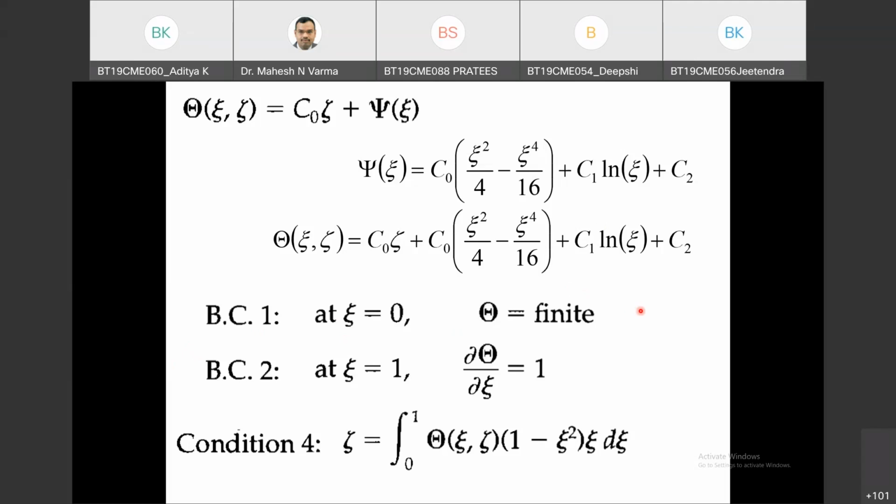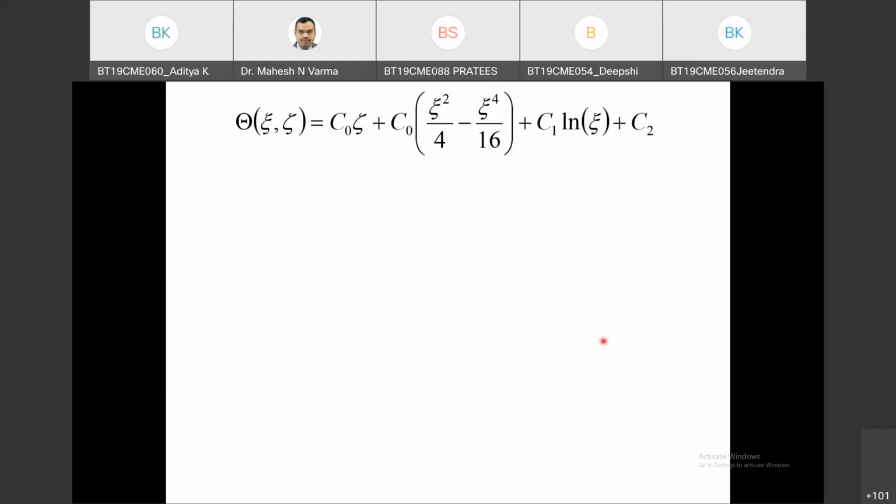Okay. So using this first boundary condition, I will call it psi. This is psi for me, this is zeta for me. This is epsilon for me. This is theta, and psi is that psi of epsilon.